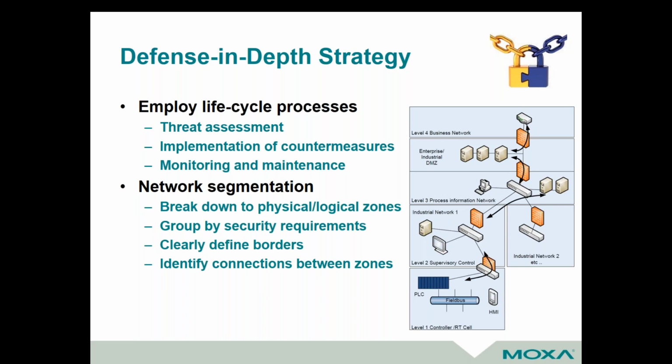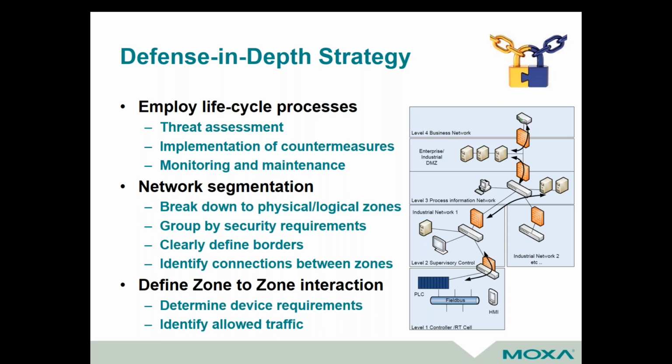There are a lot of different tools and technologies for doing this, but the basic idea is being able to define physical and logical zones, look at what information has to flow through those zones, clearly define the borders, and define what you may hear called conduits. Conduits will determine what information flows between those zones. So it's a little bit more of a logical thinking about what has to happen on your plant floor. And certainly, this is where the collaboration is important within your organization.